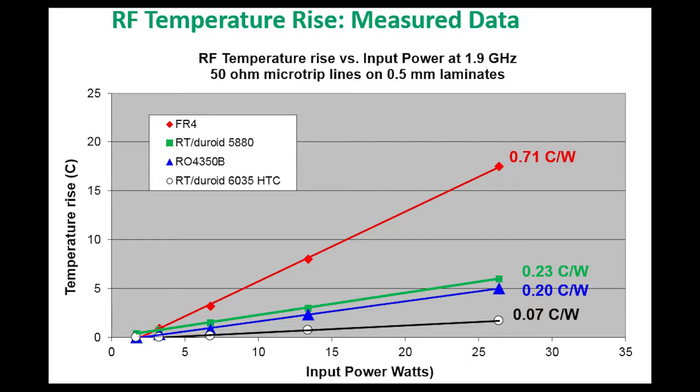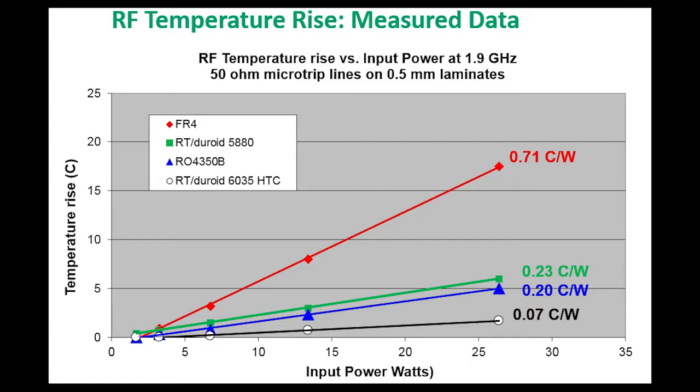As we said, RT-Duroid 5880 is the material with the lowest dielectric constant and the lowest loss. The theoretical data that I presented in the previous slides, you can see here in measured values, which is the green line, 0.23 degrees Celsius per watt of increase in temperature per input power. So you can see that is the one that has the highest temperature rise of the low loss materials.